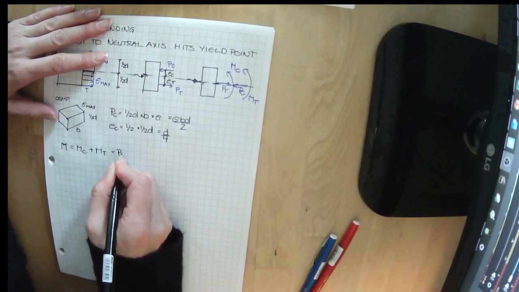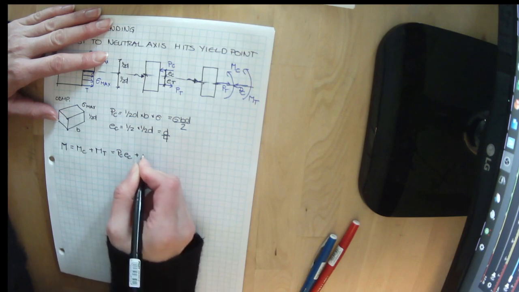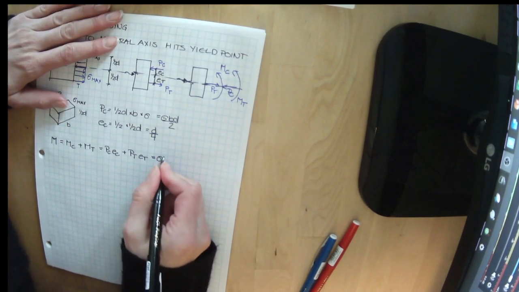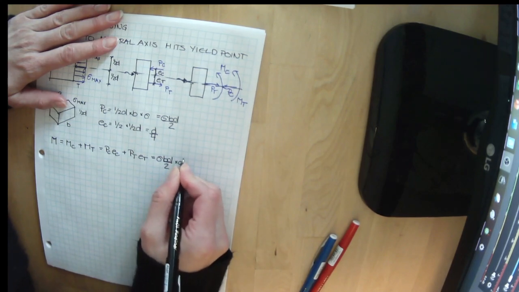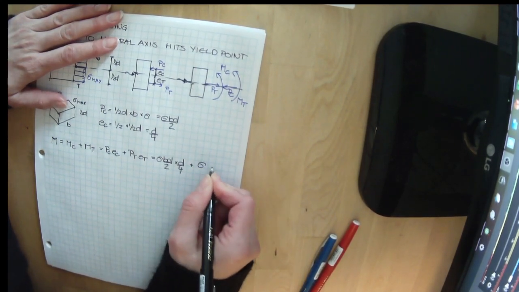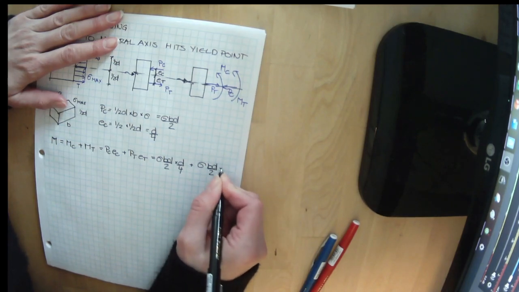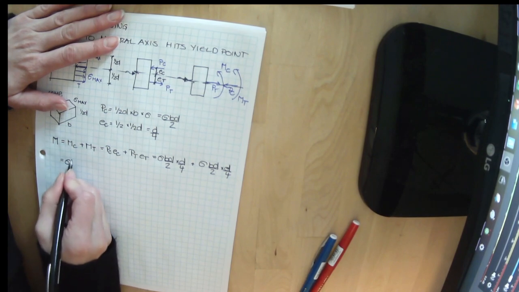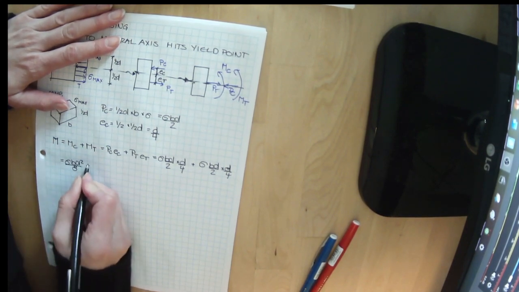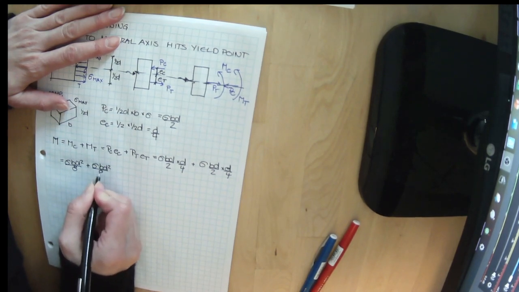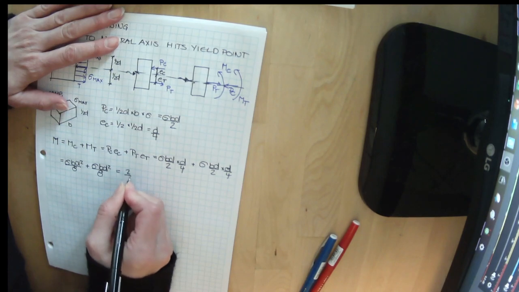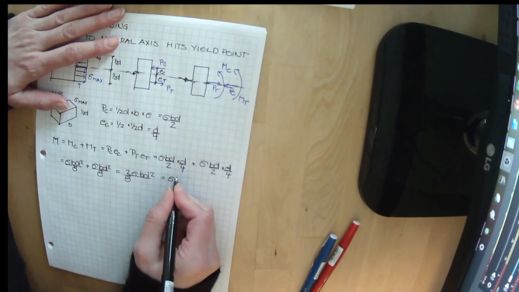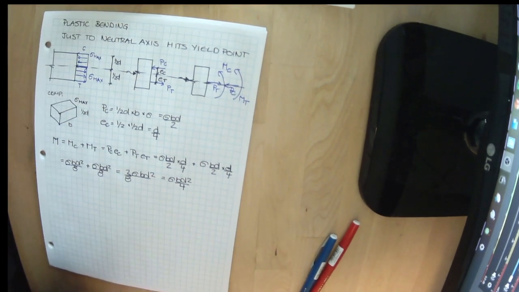So this is the same as PC EC plus PT ET, or stress BD divided by 2 times D divided by 4 plus stress BD divided by 2 times D divided by 4, or stress BD squared divided by 8 plus stress BD squared divided by 8 equals 2/8 stress BD squared, or stress BD squared divided by 4.